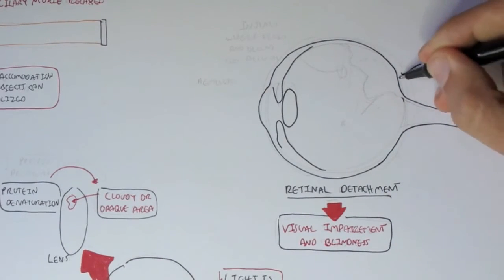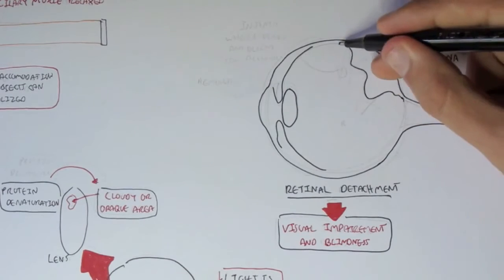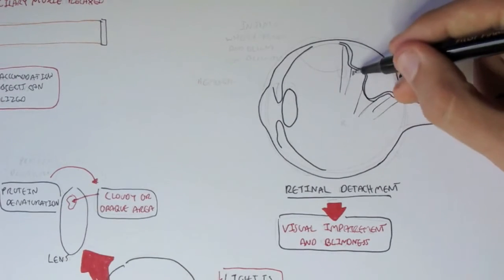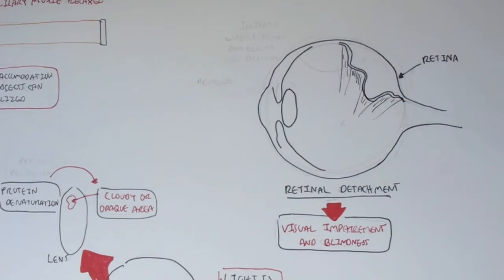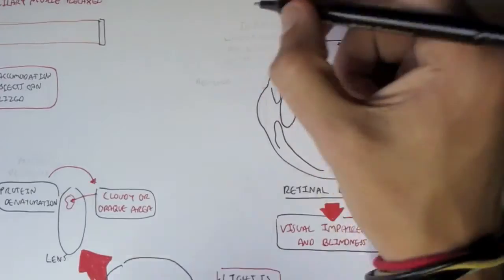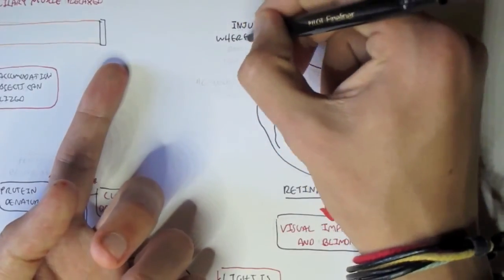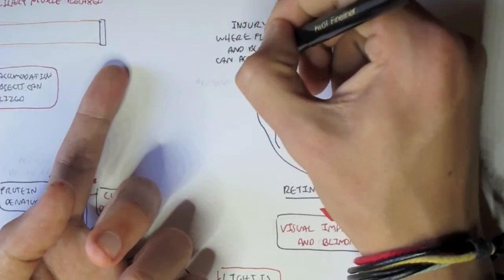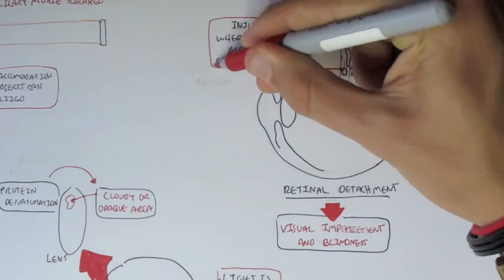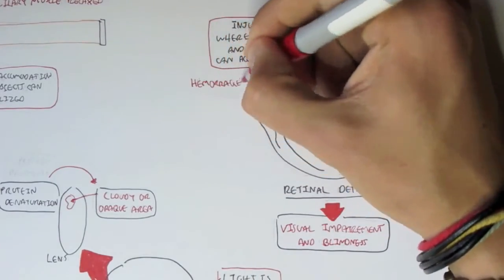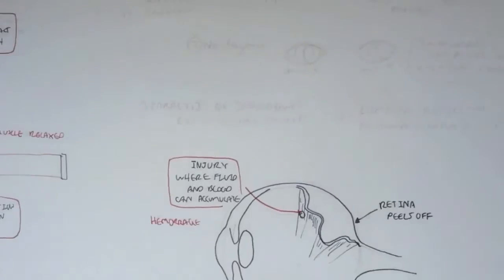The retina is located here, and retinal detachment is essentially when the retina peels off the back. It can be caused by an injury where the vitreous humor can leak in, or blood can accumulate here, which will peel off the retina from the back. Also, hemorrhage can cause this.